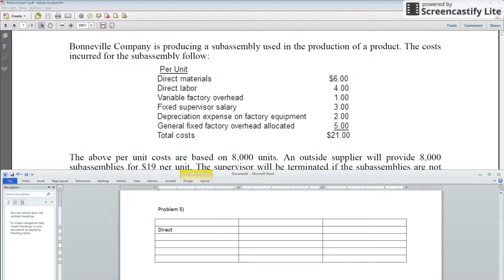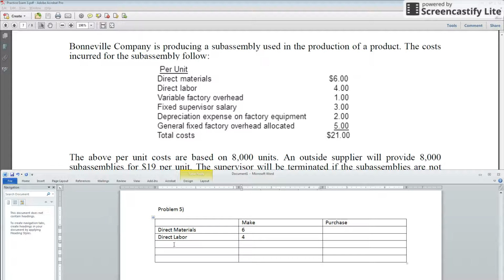So we are not paying direct materials anymore, make or purchase, so that's $6. We are not paying direct labor anymore, $4.